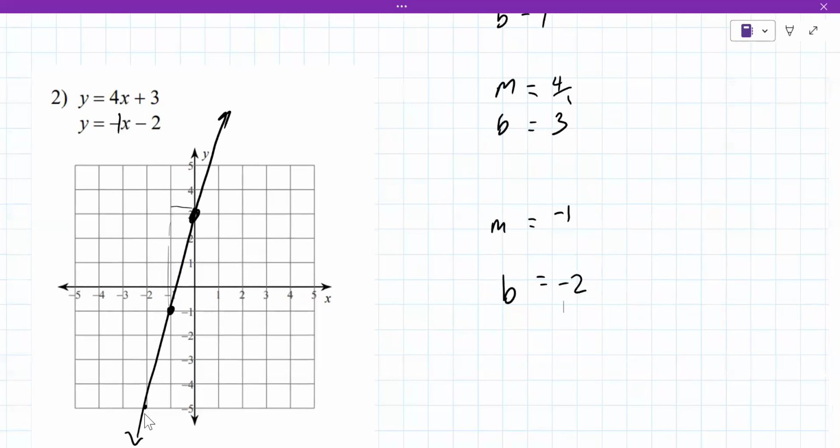So now you're starting your graph at the b value. Where do you go from there? What does the slope tell you?